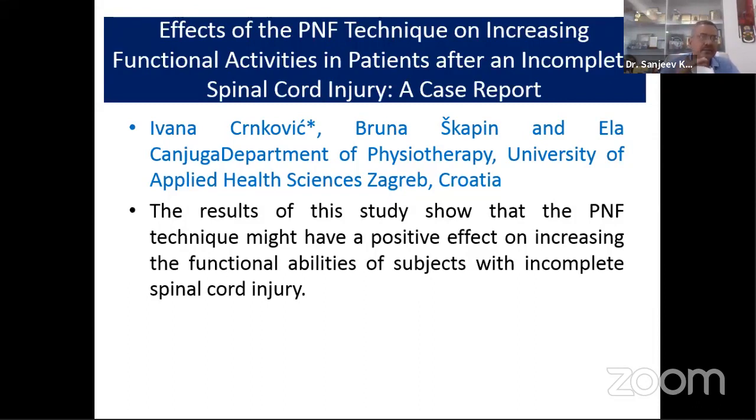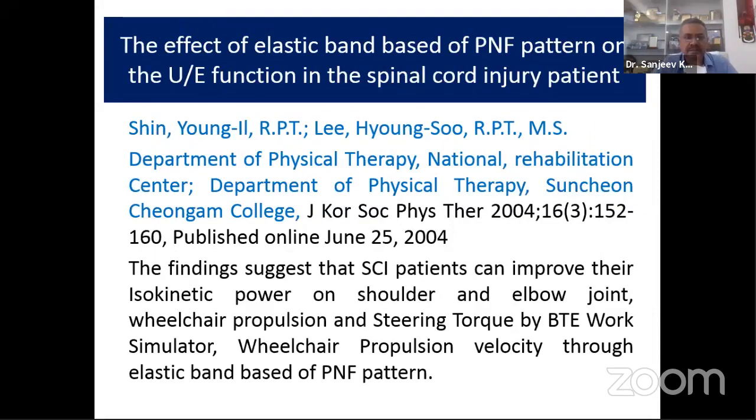So I just wanted to put up this point to those who always say, okay, PNF no use in spinal cord. Yes, PNF is of use in spinal cord, and it has multifaceted use. I have also avoided talking much about the breathing aspect of PNF. I'll talk later on.